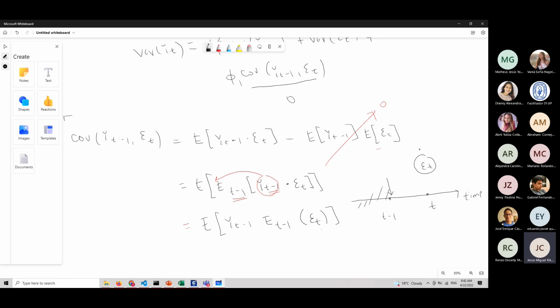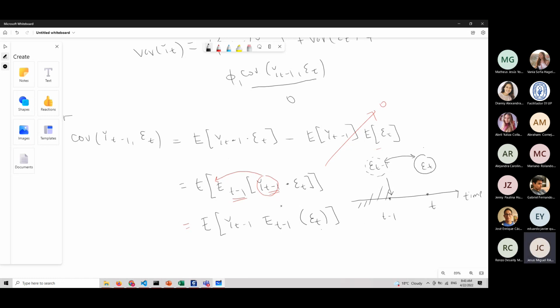Since epsilon is white noise, even if you know the past, it is uncorrelated with it. So there is no information up to time t minus 1 to predict epsilon t.